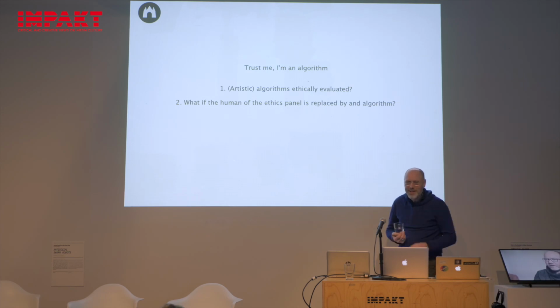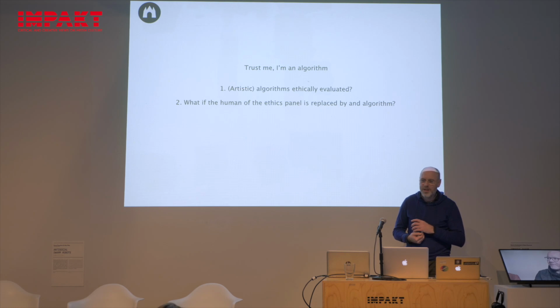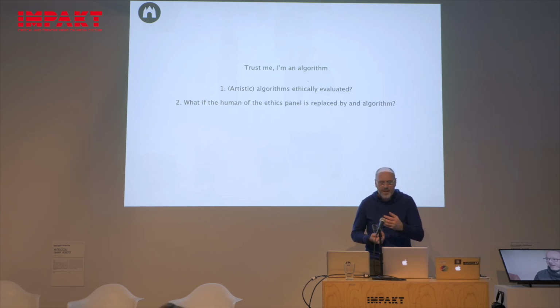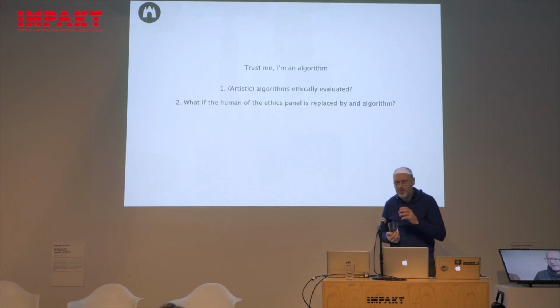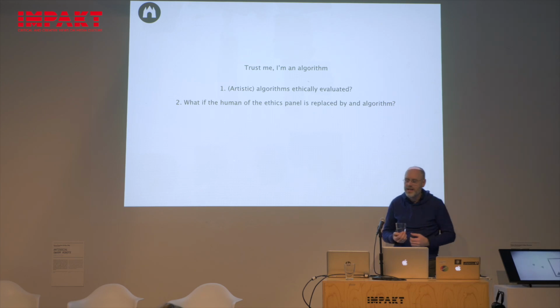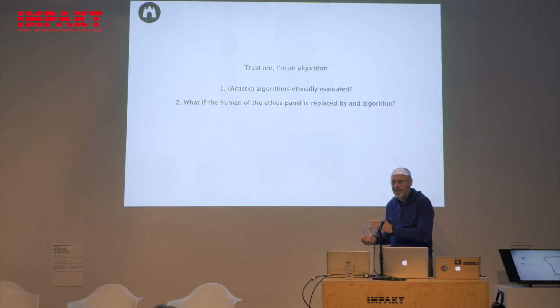So coming back quickly to that format of Trust Me, I'm an Algorithm, or Trust Me, I'm an Artist, we at Waag Society are going to intensify working with AI because we think artists can really bring something to the discussion of where we see difficulties with applications of AI in society, where it's about exclusion, where it's about non-openness, etc. So we are going to work with artists that are going to put the algorithm on trial, having the algorithms being evaluated by ethicists.